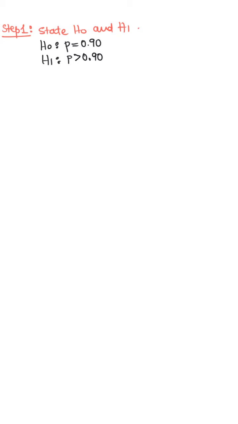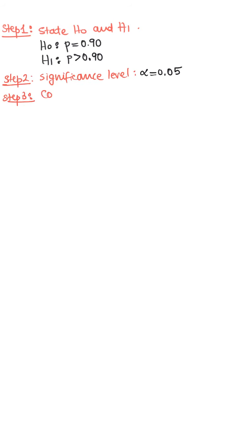Because in the example we are asked whether we can conclude that the population proportion P is greater than 0.90, that's why we took the alternate hypothesis P greater than 0.90. Now choose a significant level. Significant level is 0.05.